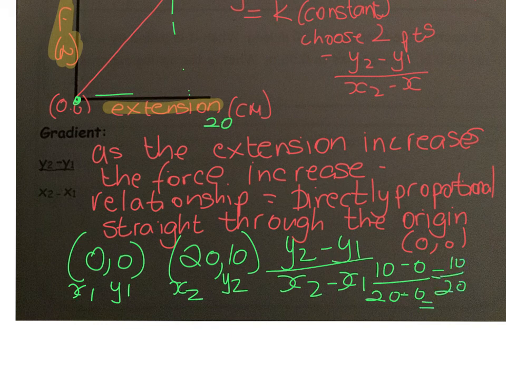In the calculator, that gives 0.5. So 0.5 equals k, your constant, which is your gradient.